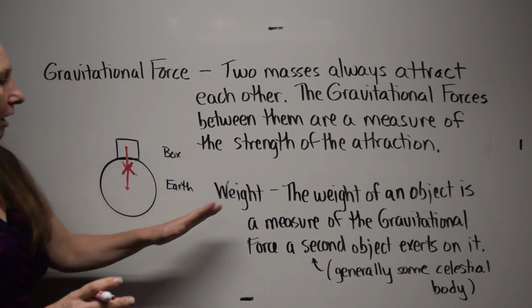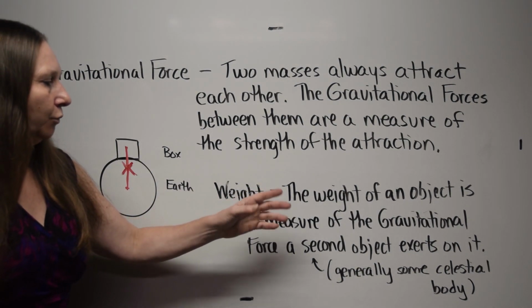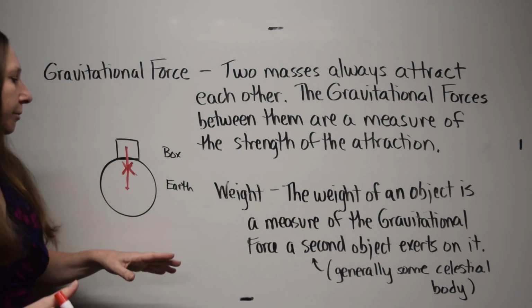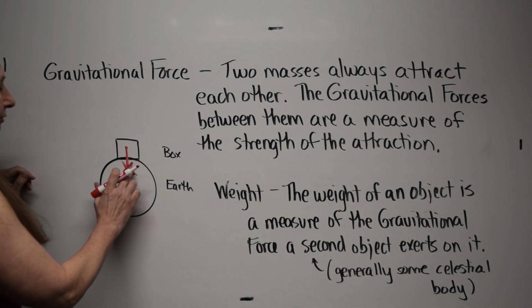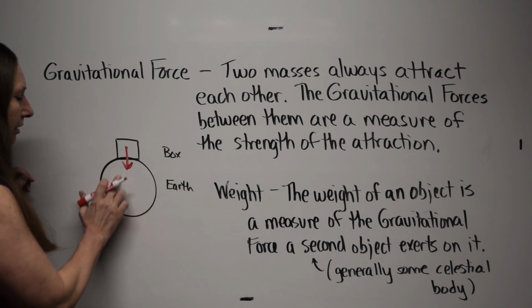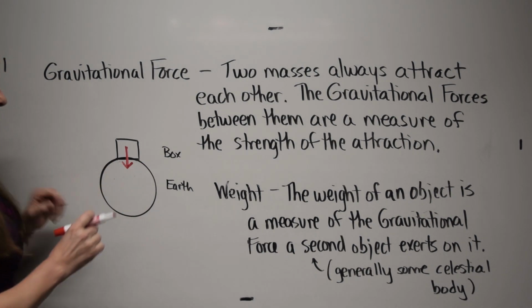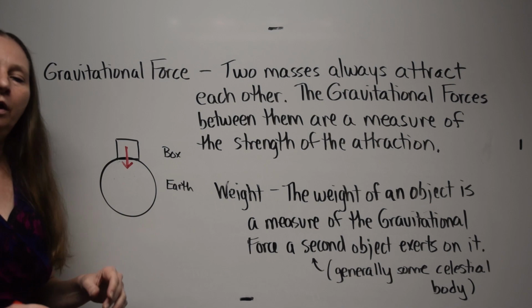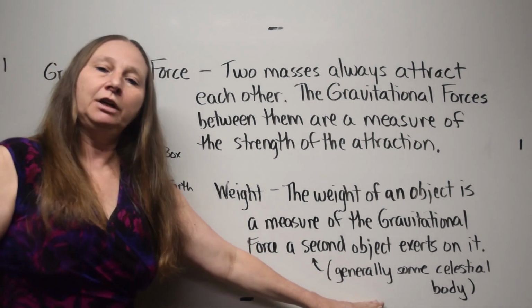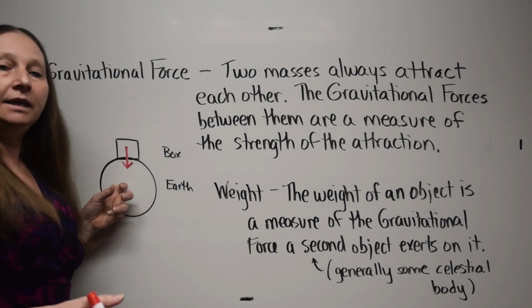Now, when we talk about weight, weight is a special use of the gravitational force term. If I want to talk about, for example, the weight of the box, I'm going to erase one of these forces here. What I'm saying is that the box is resting on a much larger object, generally some sort of celestial body. A celestial body could be a planet like Earth.